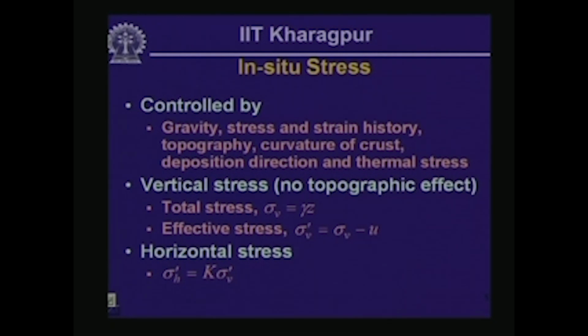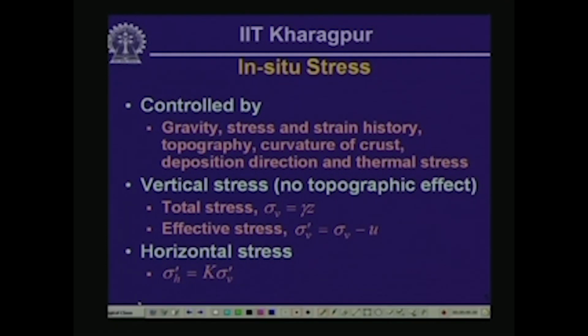Now, before we move forward, I want to introduce one concept. Let's consider a topography of that type. So, here what we will get is that at the surface there is no stress.